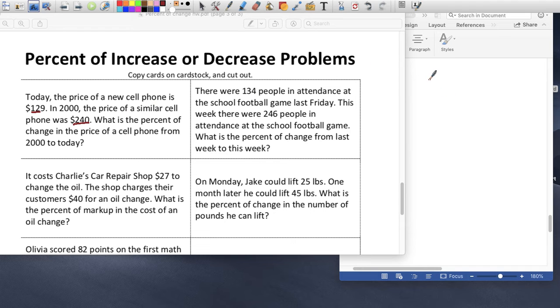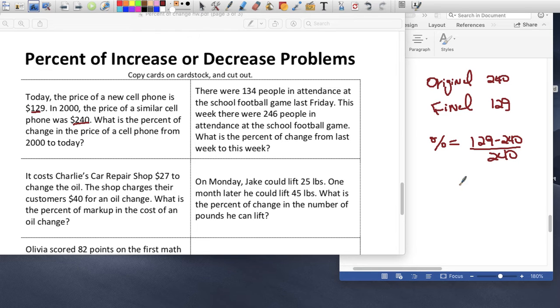So the original price of the phone was $240. The final, which is today, is $129. So now we can set our problem. Equals 129 minus 240 over 240.